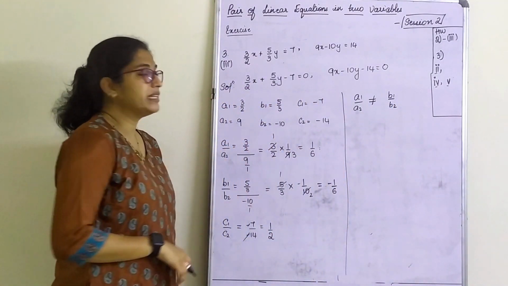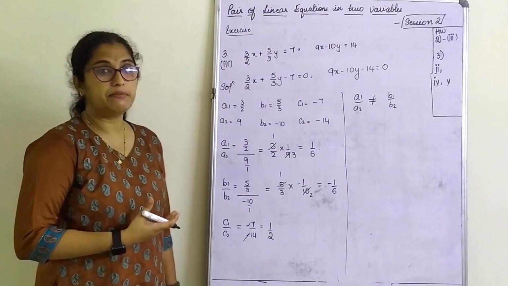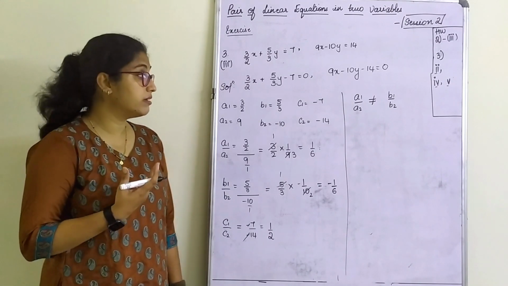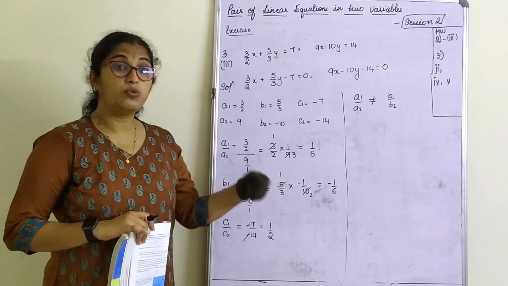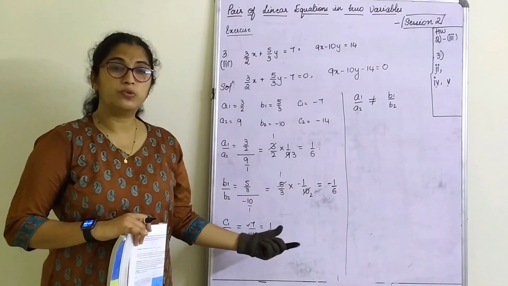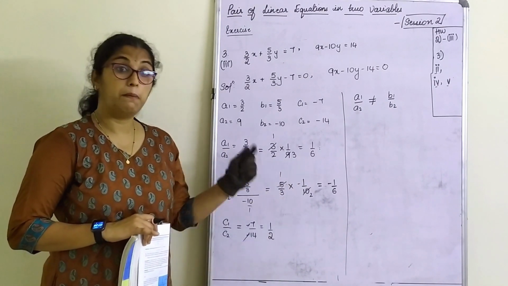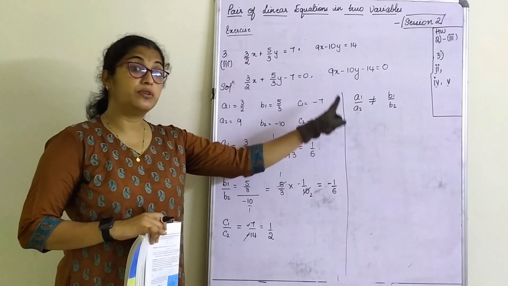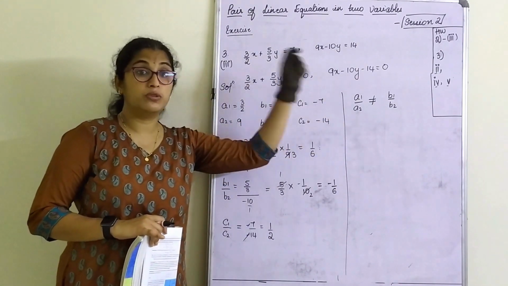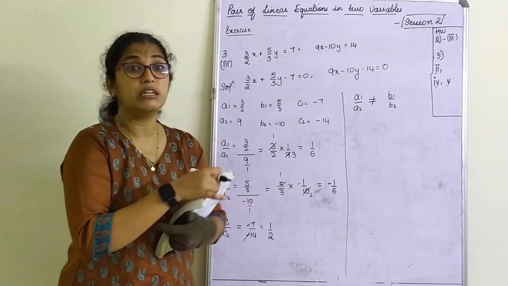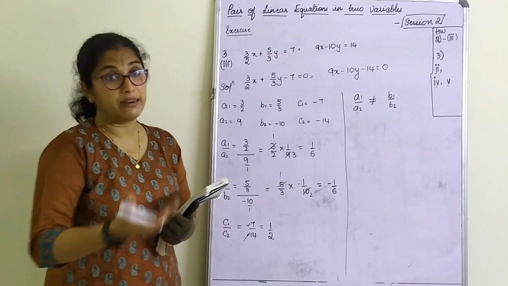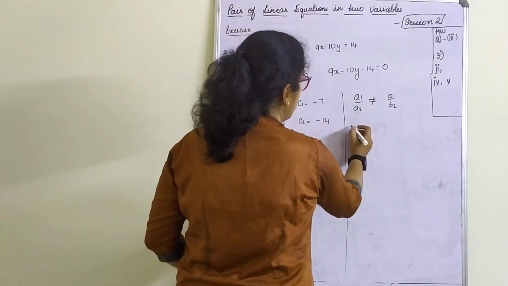When you find that A1 by A2 is not equal to B1 by B2, C1 by C2 is not required and can be skipped. But if A1 by A2 is equal to B1 by B2, you must find C1 by C2 also, because the lines can be coincident or parallel depending upon the condition.